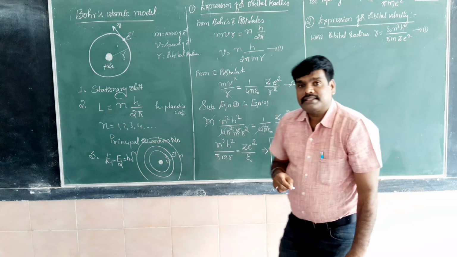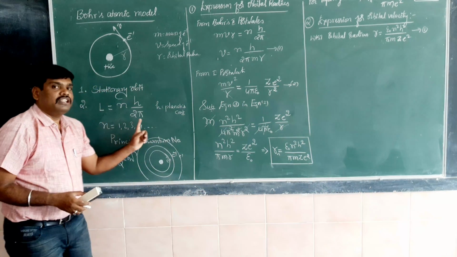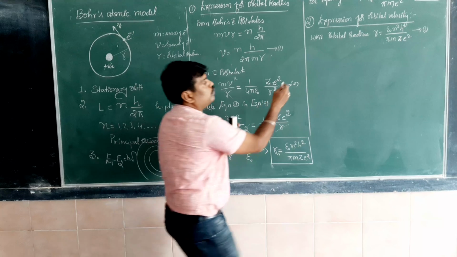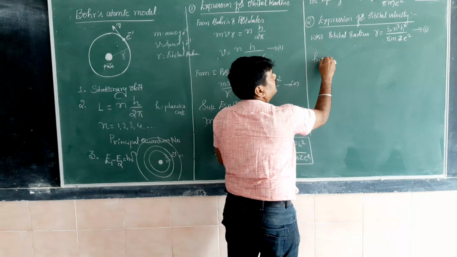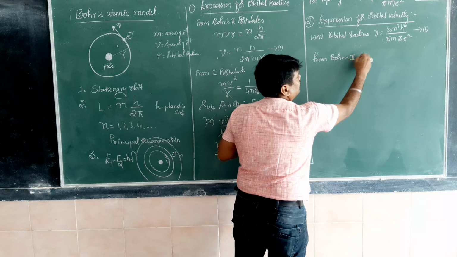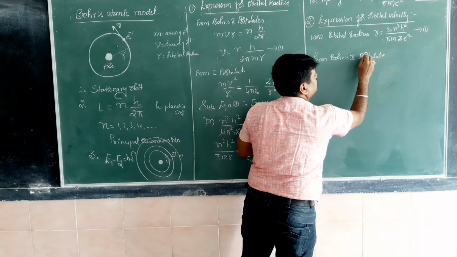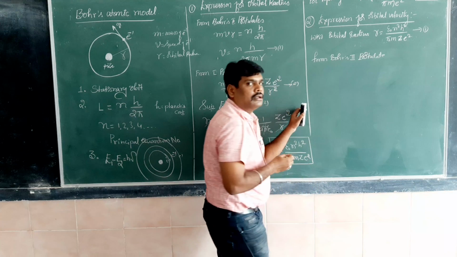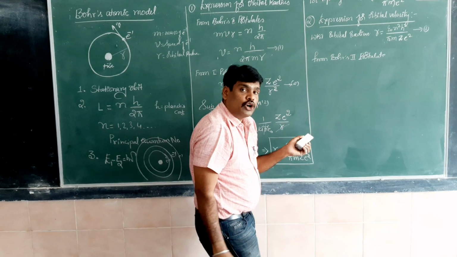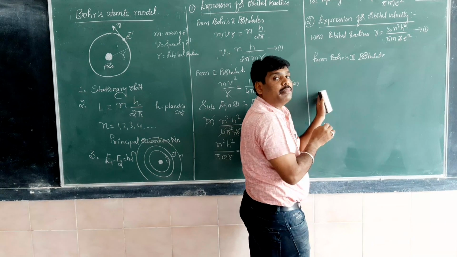In the next step, you can take Bohr's second postulate again. So what is Bohr's second postulate? Angular momentum of the orbital electron is equal to an integral multiple of h divided by 2 pi.